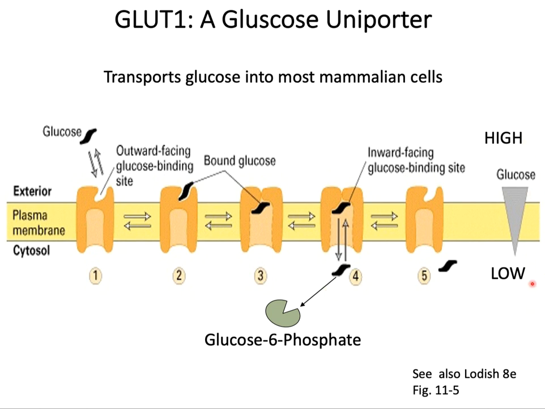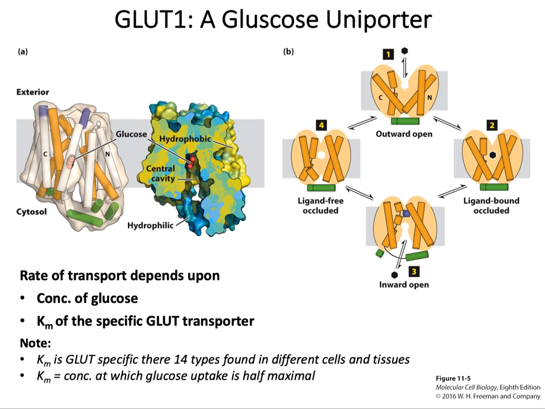This maintains the glucose gradient across the membrane, so it maintains the functionality of GLUT1. Once the glucose is in the cytosol, the transporter can change conformation again, such that the glucose binding site is now outward facing once again. Now, if for some reason this gradient changed or glucose concentration was high in the cytosol and low in the extracellular space, this transporter will work in reverse.